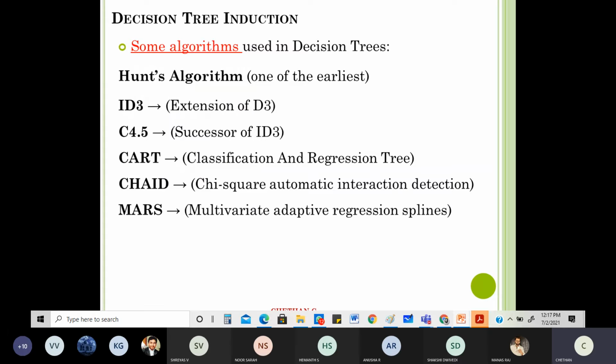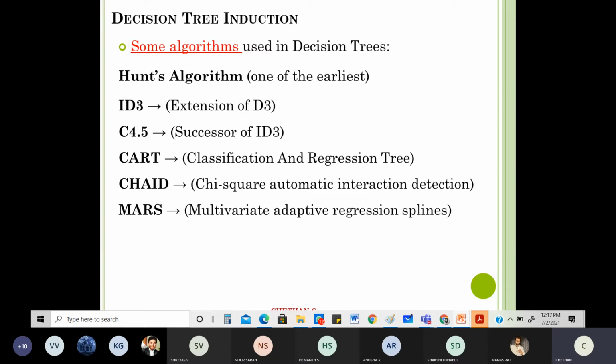The first one you're going to learn, I think the UNS algorithm, will be the basics for all the algorithms that you see down. The UNS algorithm is like the basement. That's the reason it's written as one of the earliest algorithms. In the exam they are going to ask, please explain UNS algorithm with example, or explain classification based on UNS algorithm with example.